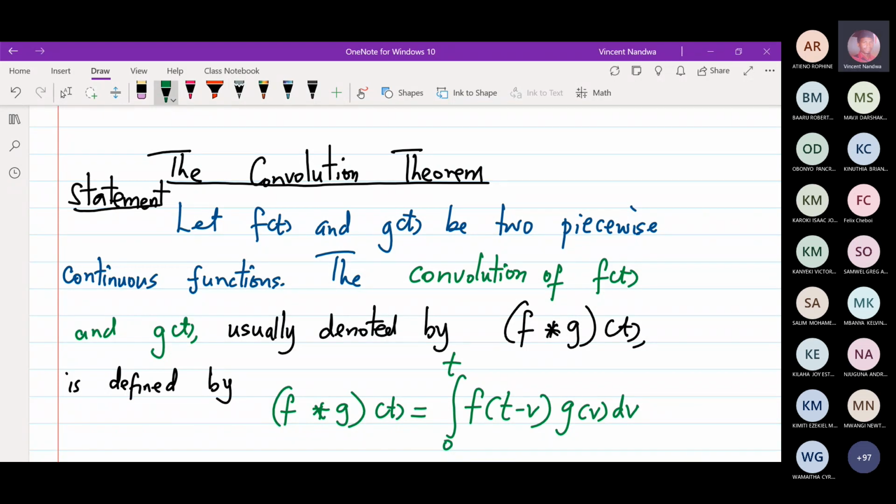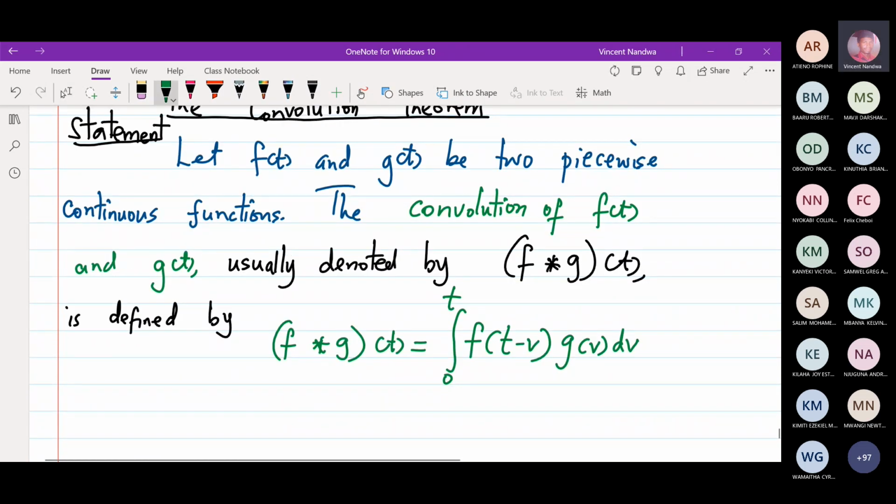So the convolution of f and g is the integral from 0 to t, f of t minus v, g of v dv. Please note that the convolution of f and g is the same as the convolution of g and f.